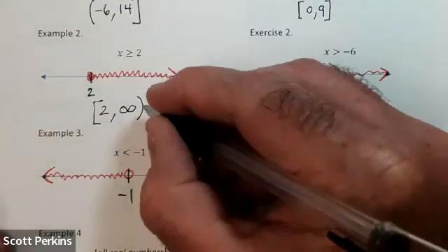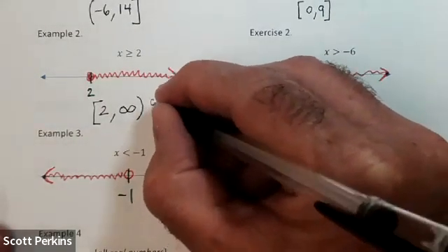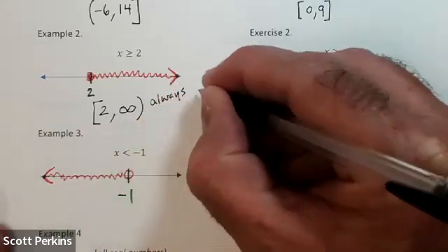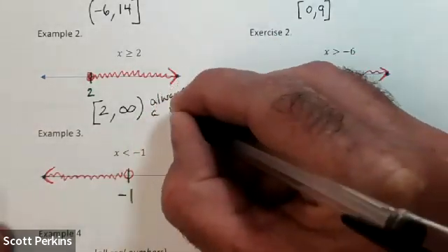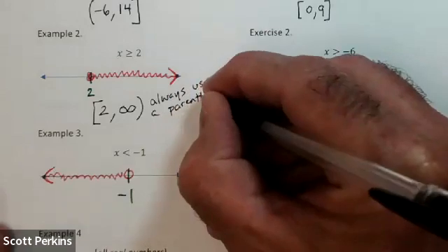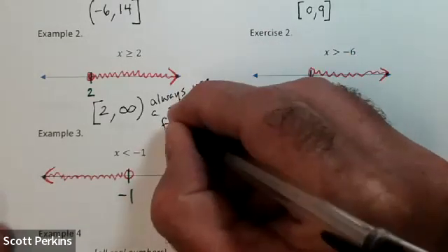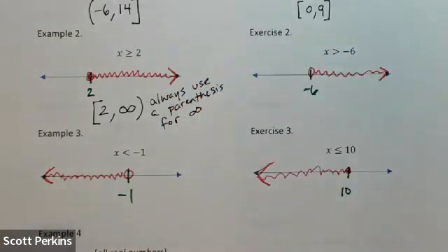I'm going to write this down. You always use a parenthesis for infinity. That never changes. Does not matter what the inequality sign is. You always use a parenthesis. You tracking with me? We doing okay? Then please do exercise 2 right next door.